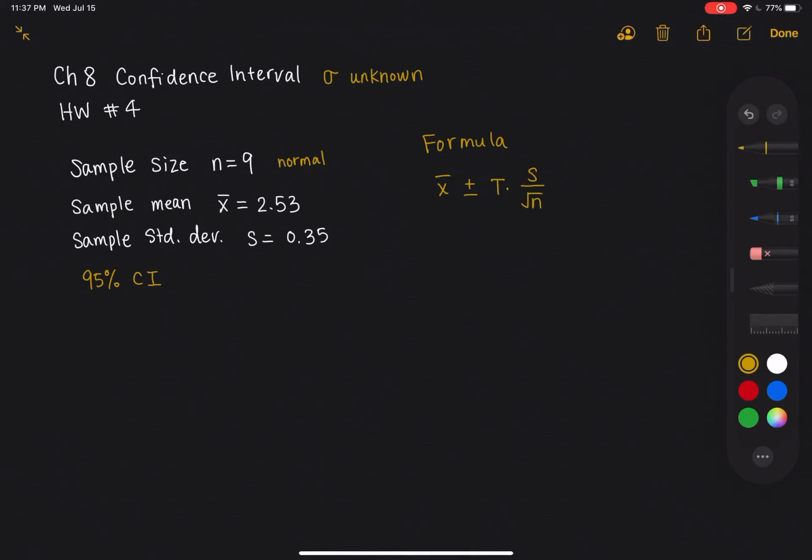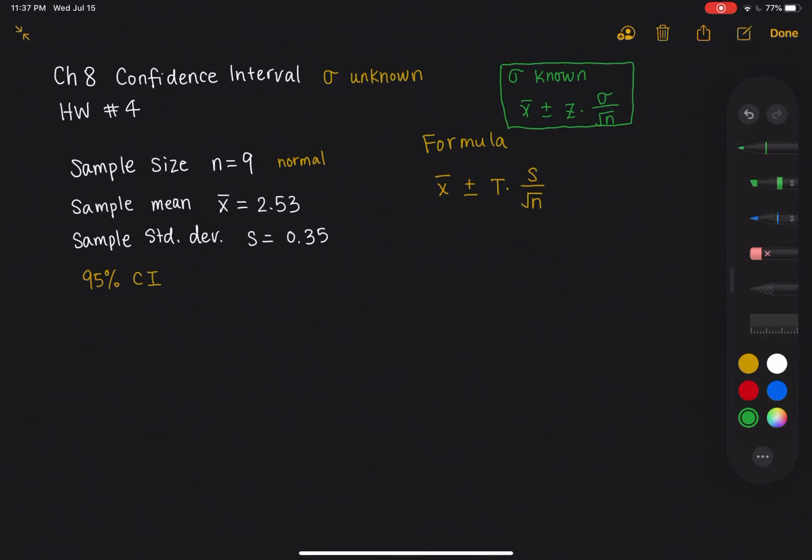Earlier we used a different formula, if sigma is known, but it's very similar. It's x bar plus or minus the z-score times sigma over square root of n. So this is the difference between whether sigma is known or unknown.